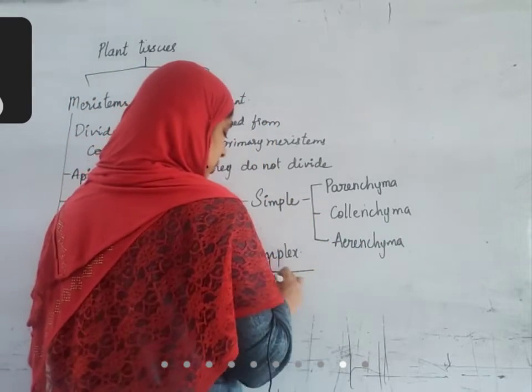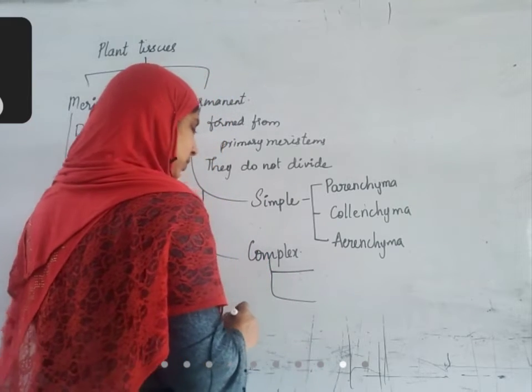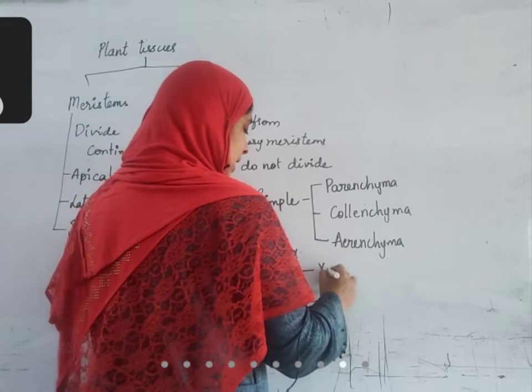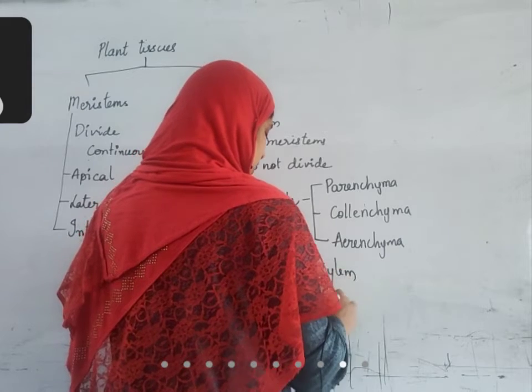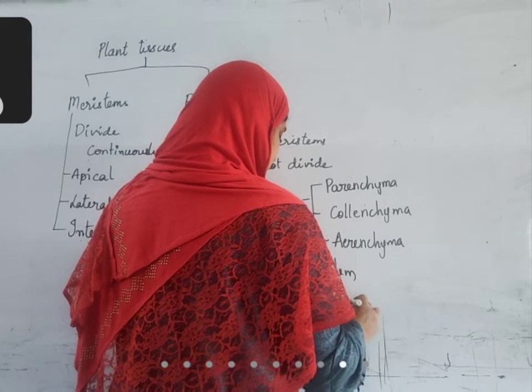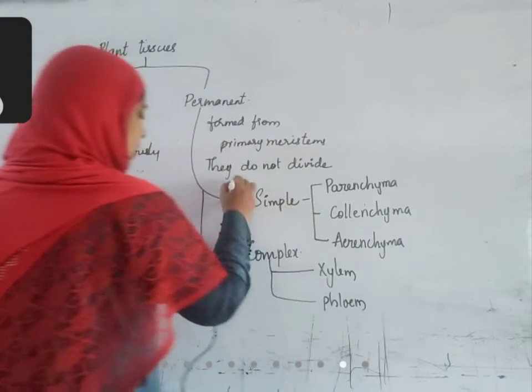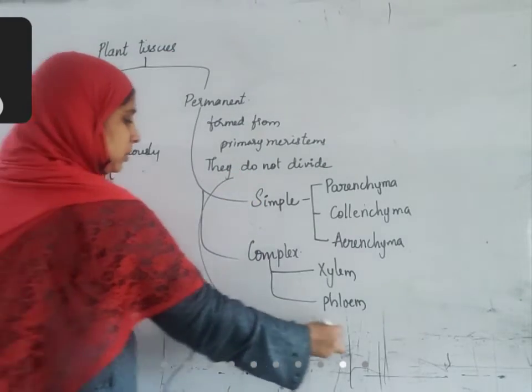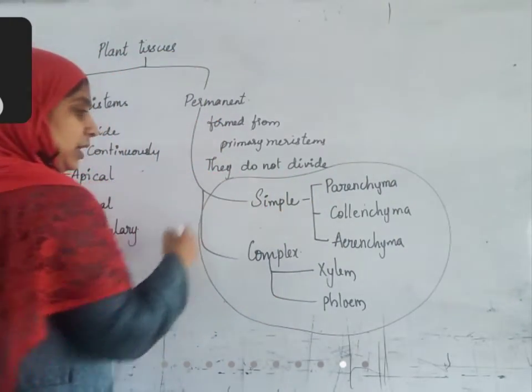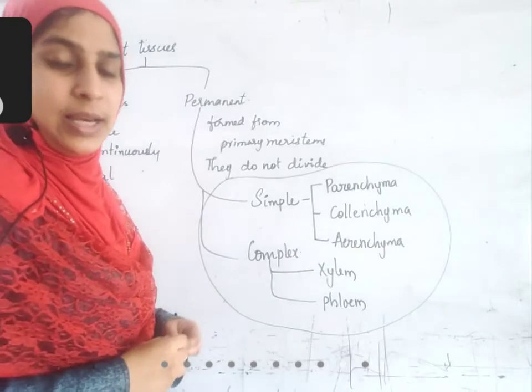Complex permanent tissues are divided into xylem and phloem. We'll try to understand this part today. Permanent tissues and their classification.